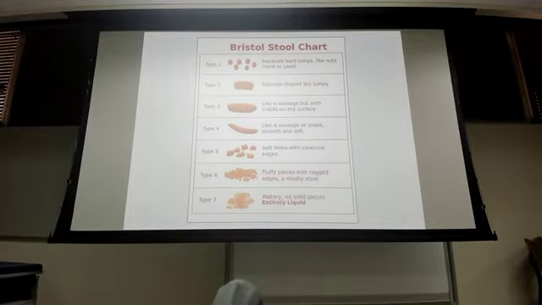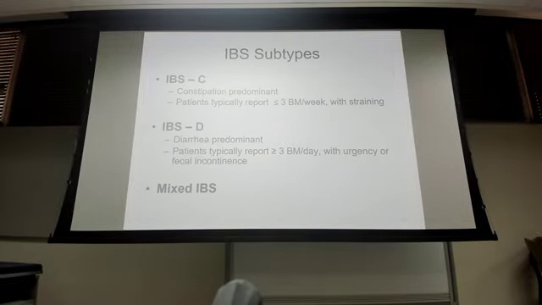We talked about the stool chart, so if they're having the IBS-D, they're going to be down there in that type 7. If they're having more IBS-C, up there in type 1 or 2, or they can flip between both. 3 major subtypes, I've already mentioned them. The C, constipation is predominant.